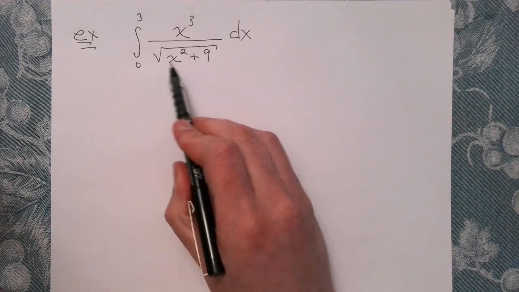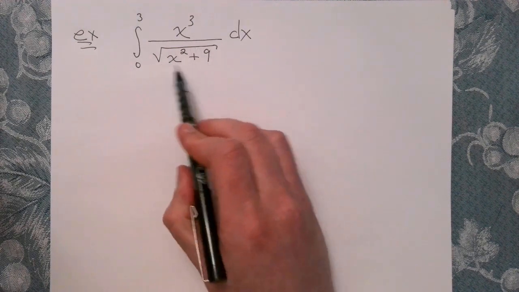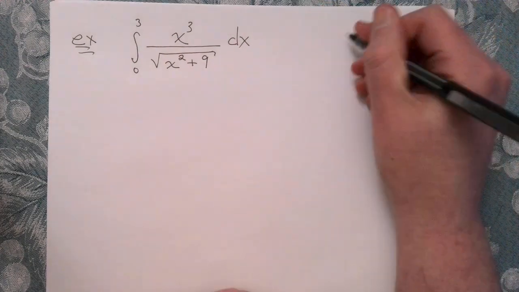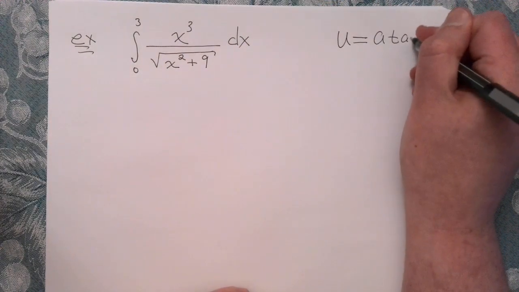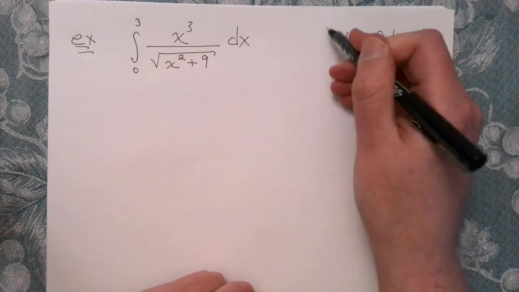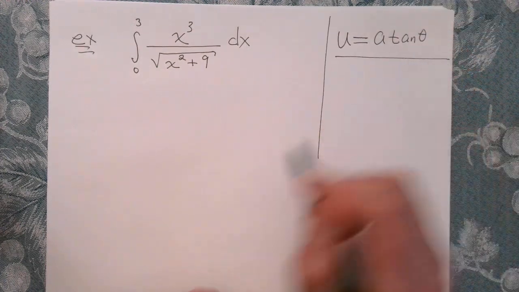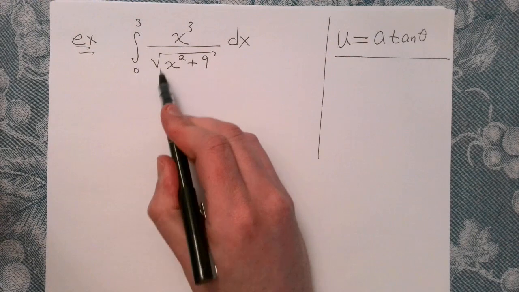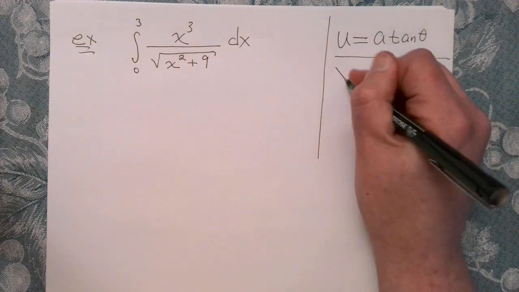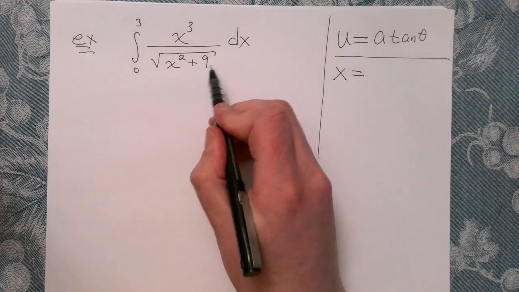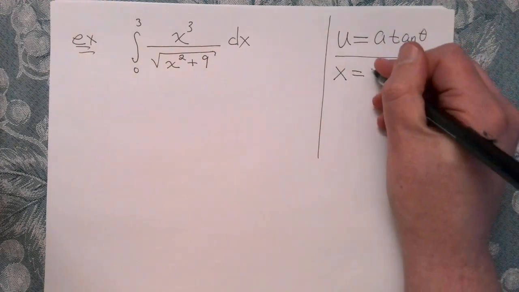Okay, so looking here, this looks like it's in the form of a tangent substitution. So I want u equals a tangent of theta, and we want to fill this out. So if this is u squared, then u must be x, and if this is a squared, then a must be 3.